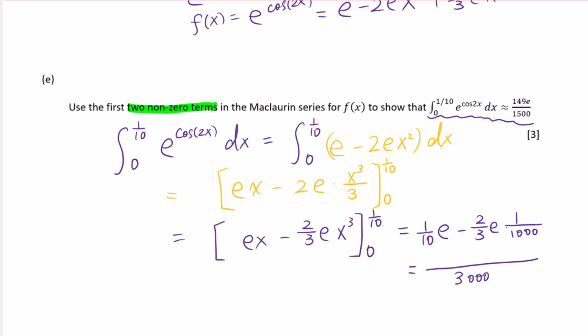Numerator 300e minus 2e equals 298e over 3000. Reduce: 149e over 1500.